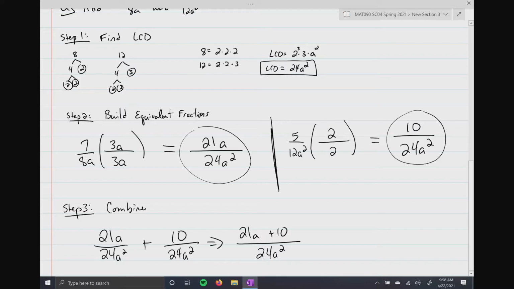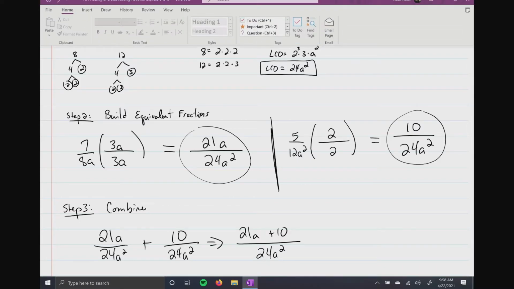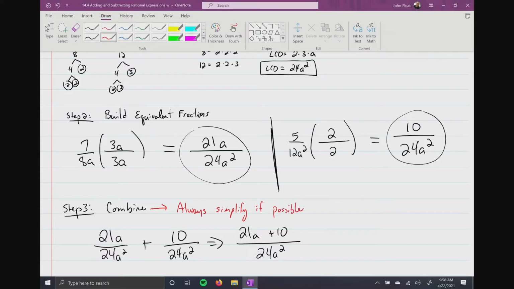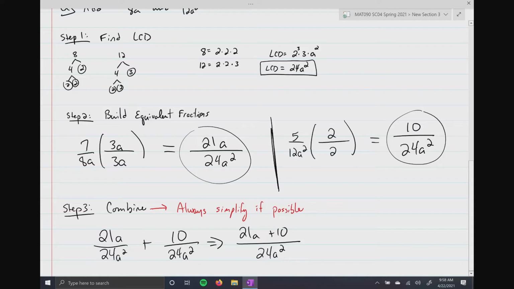And I always need to ask myself, and now I'm going to write this in step 3 in red, always simplify if possible. So I look at the numerator. It's 21a plus 10. I cannot combine those. There's nothing I can factor. So it's already simplified. Does that make sense, everyone? Okay?